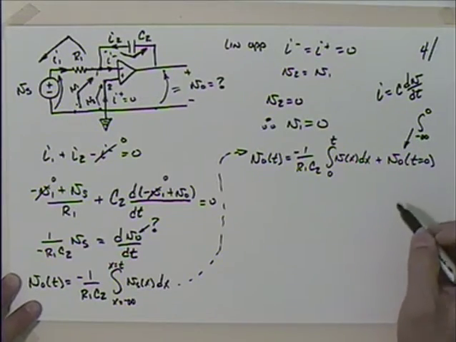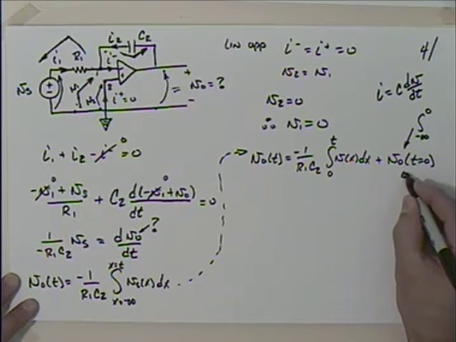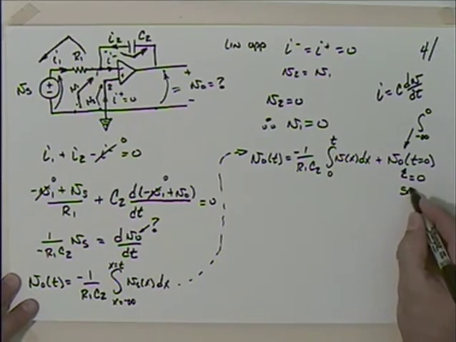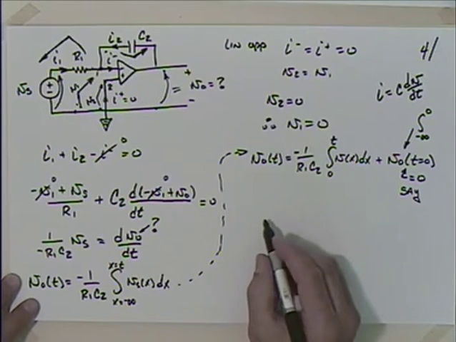And furthermore, to keep life easy for us, I'm going to say that this is equal to 0, has no initial charge. Okay, we'll just say that. If it had some initial charge, you'd want to put that factor in there, but usually we don't have to worry about that.